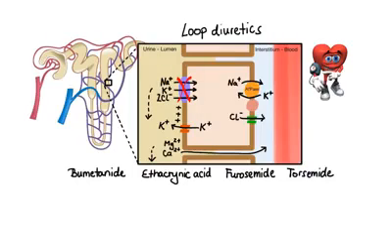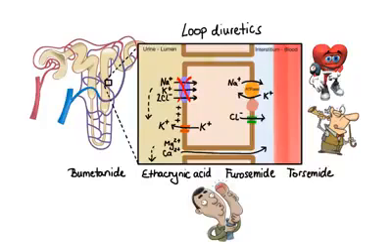Next, because loop diuretics inhibit the sodium-potassium 2-chloride cotransporter, which also happens to exist in the inner ear, their use has been associated with damage to the hearing, also referred to as ototoxicity. Lastly, ethacrynic acid and furosemide in particular compete with the transport of uric acid at the same site, thus blocking its secretion, which ultimately can lead to hyperuricemia, and thus worsening of gout symptoms.